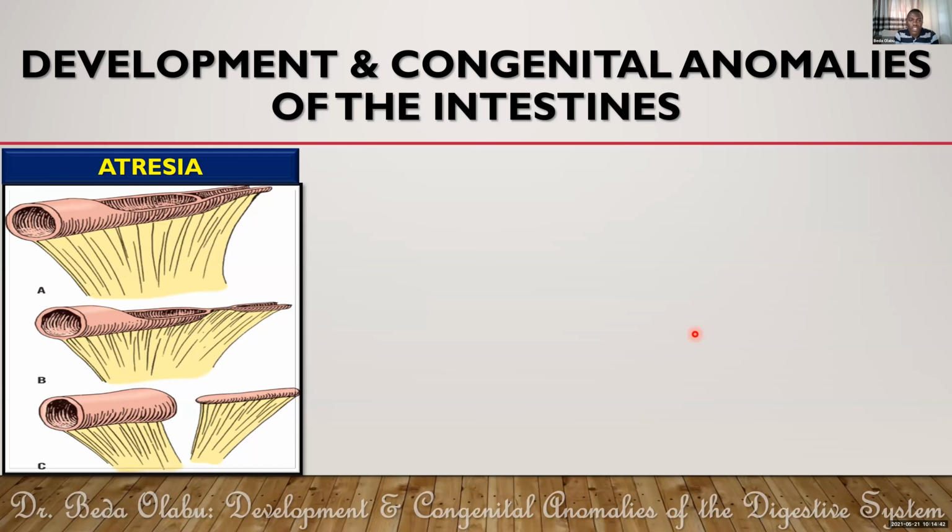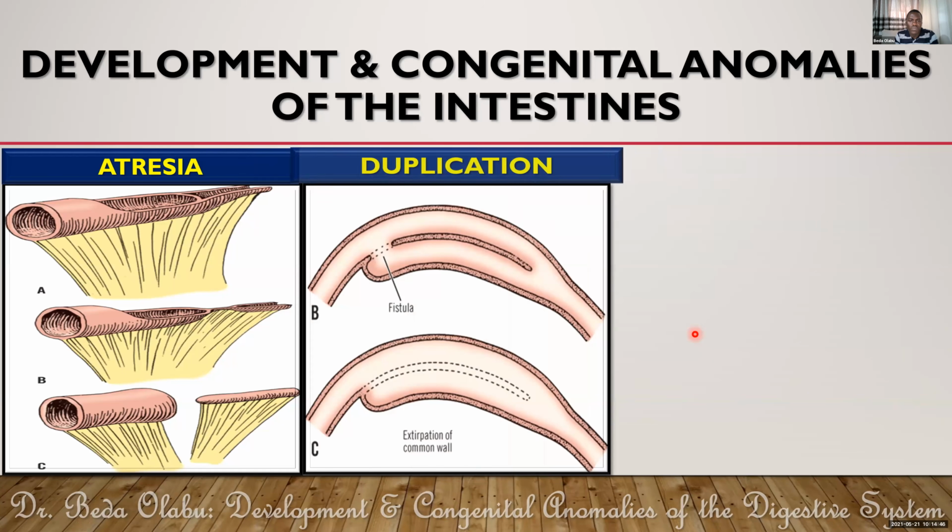Atresia is one of them. Another one is duplication. Never forget duplication. And the third one, you can try with it also, is stenosis. Don't forget these 3 terms when you're talking about any luminal organ congenital anomalies. So if I ask you to list even 20, you can just be bright and start.